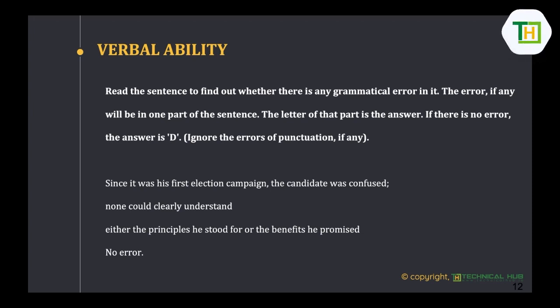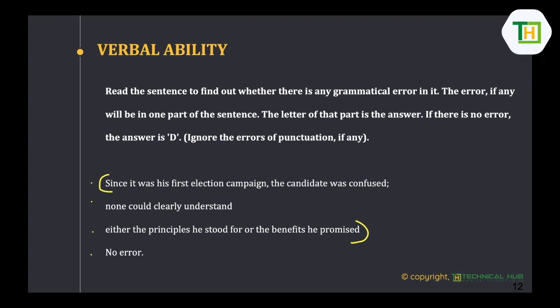What do you mean by this? This is a complete sentence, right from here till here. If any one part of the sentence you feel is wrong, that means that sentence is wrong. That means option A, option B, option C, and option D. And you have to tick mark any of these.